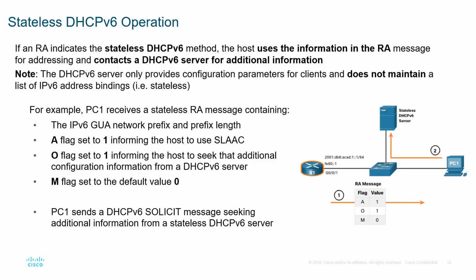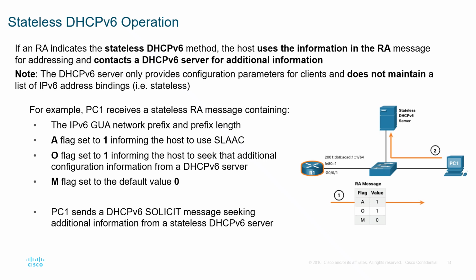Now within stateless, if an RA indicates that stateless is the method to be used, the host uses the information in that message for addressing and then contacts the server for additional information. The DHCP server only provides configuration parameters for clients and does not maintain a list of bindings because it is stateless.